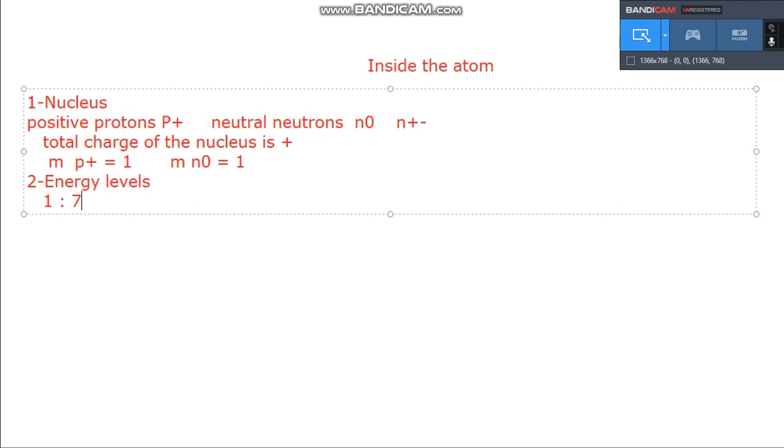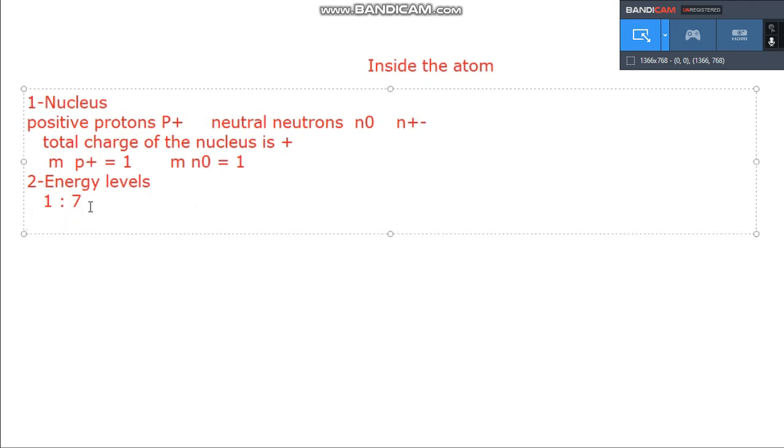We may have one energy level, two energy levels, three, and so on until we reach 7 energy levels. The largest atoms contain 7 energy levels. Smaller atoms may contain one, two, or three energy levels.